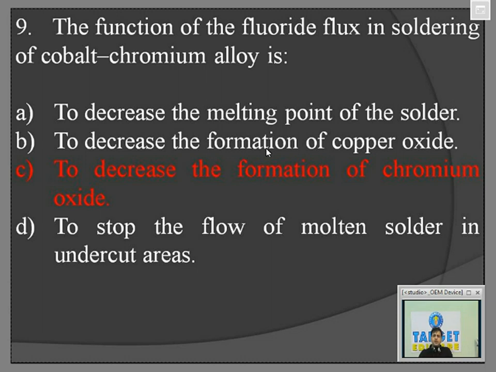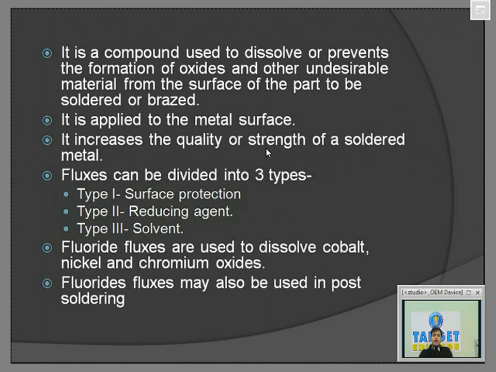In the last test also we had discussed the types of fluxes. So we had seen last time that base metal alloys form very strong oxides. So we need some solvent in the form of flux which can dissolve these oxides.